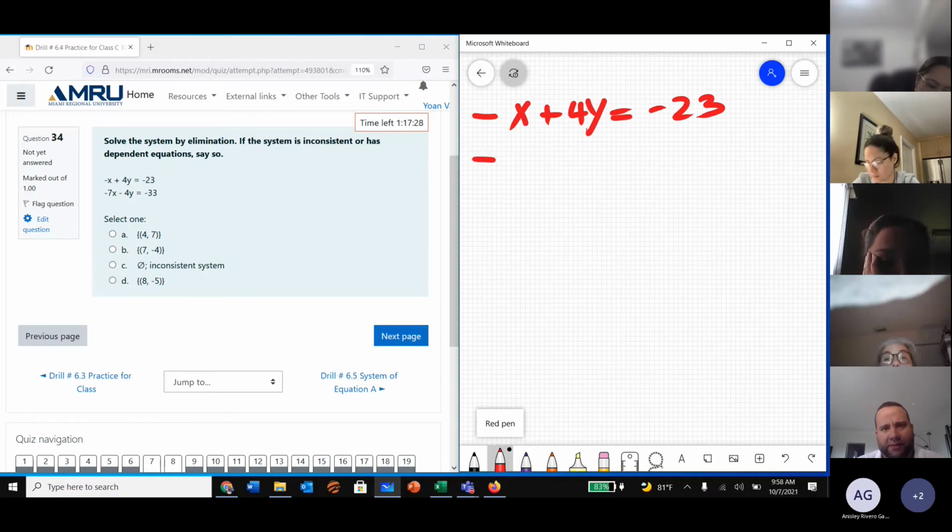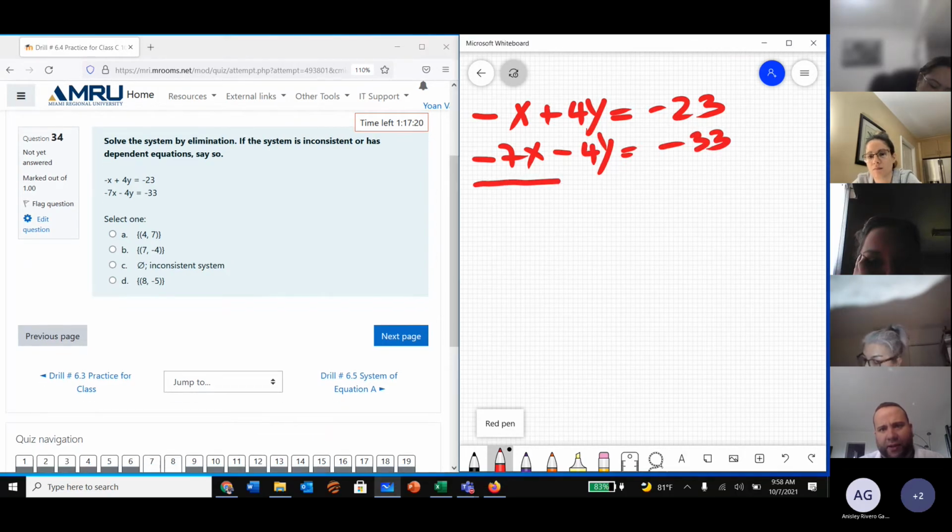And then we have negative 7x, negative 4y equal negative 33. First of all, we need to eliminate one of the variables, and we can cross them out because we have 4y positive and 4y negative. We cross them out here.